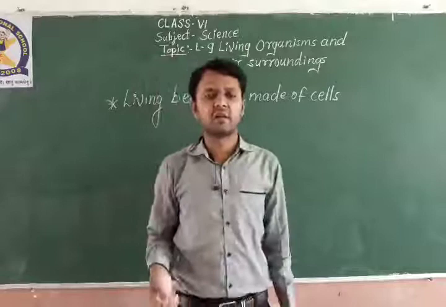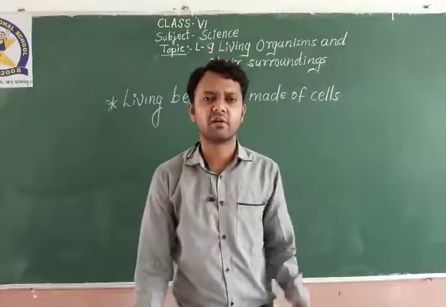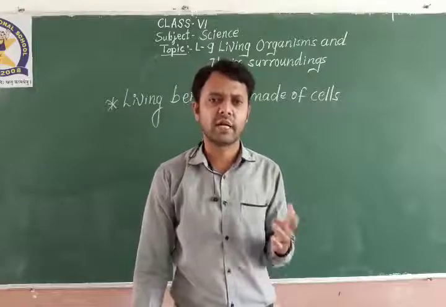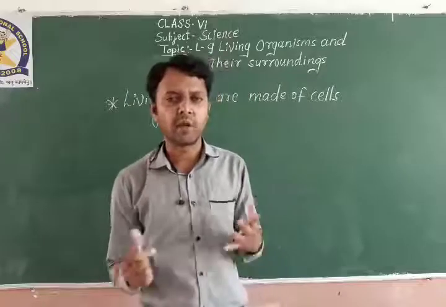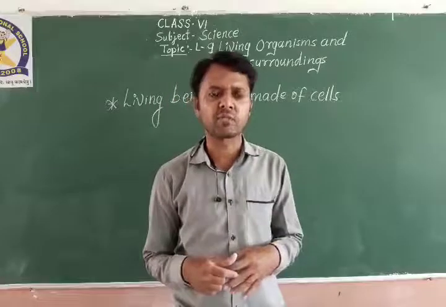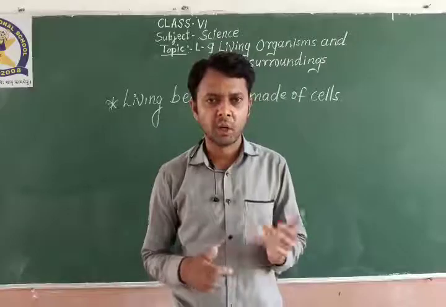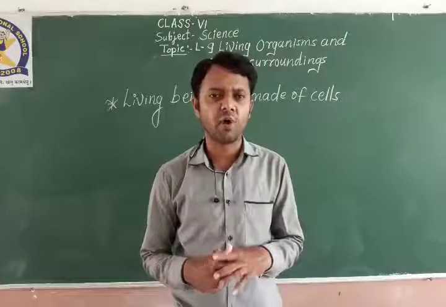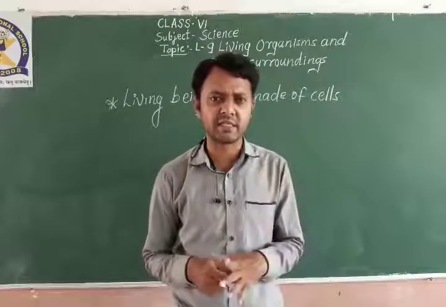While discussing the different organ systems of the body, at that time I have already explained this part, that the human body is made up of small structures called cells. All the living organisms' bodies are made up of small structures called cells.